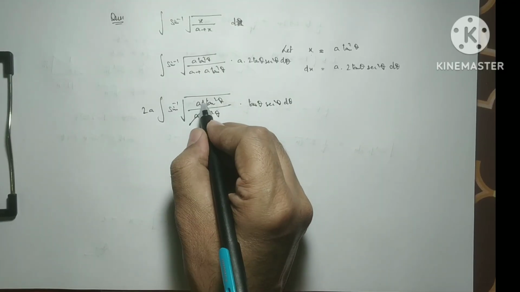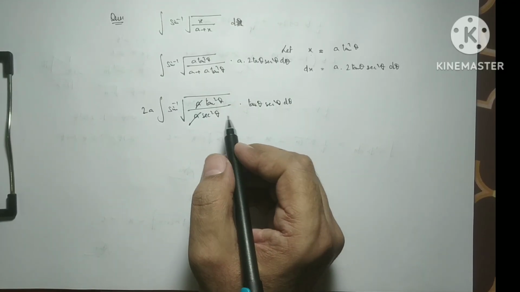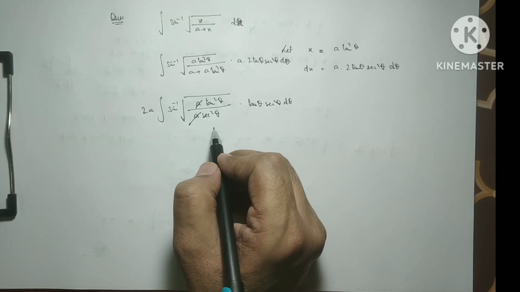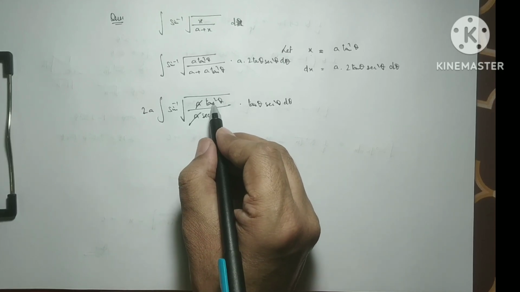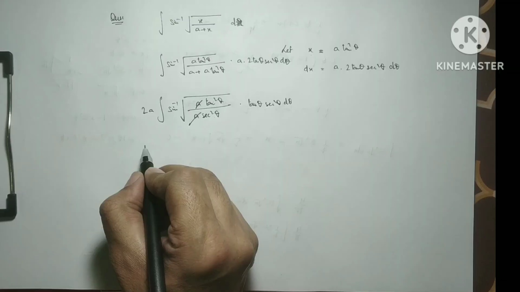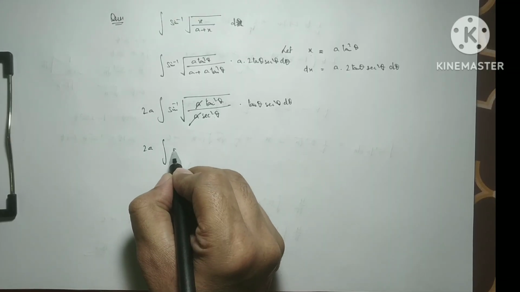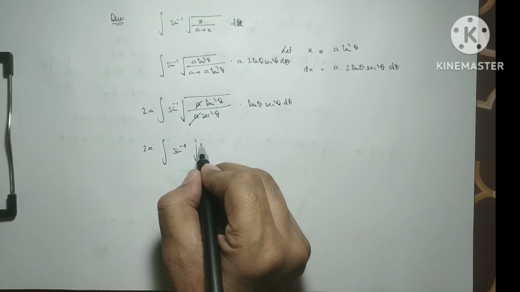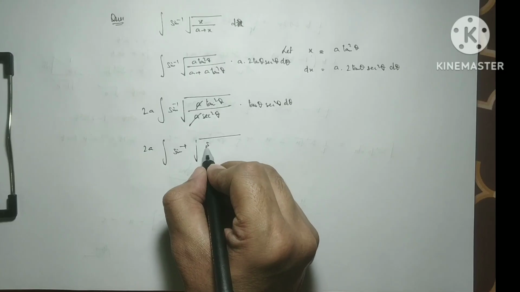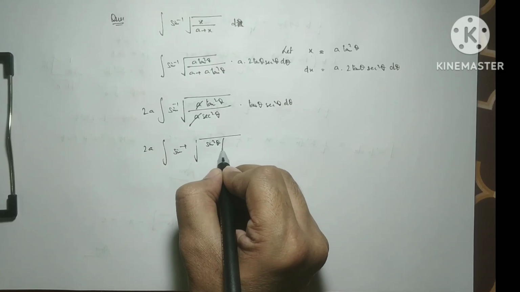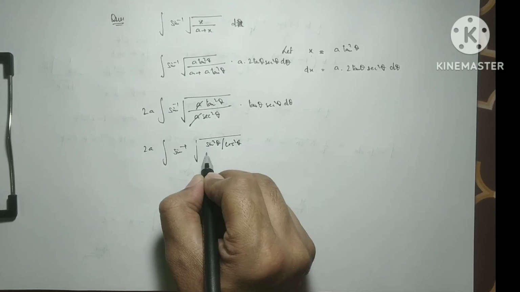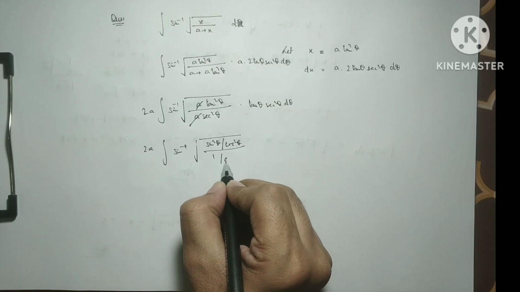Right now this a will be cancelled out, and tan square theta and sec square theta, so it is sine square over cos square, this is 1 over cos square. So when we put the value, it is sine square theta over cos square theta, and this is 1 over cos square theta.